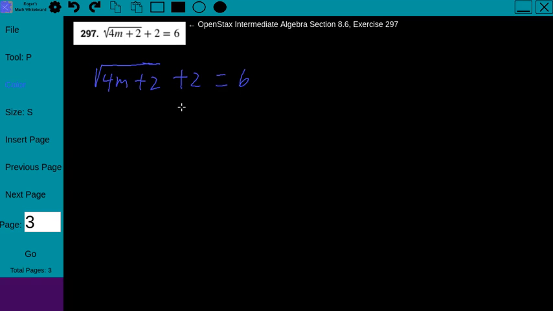We'll subtract 2 from both sides because we need to move this 2 to the other side of the equal sign. That will leave us with square root of 4m plus 2 equals 4.